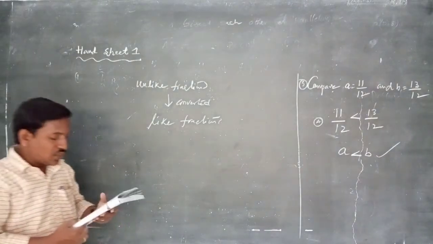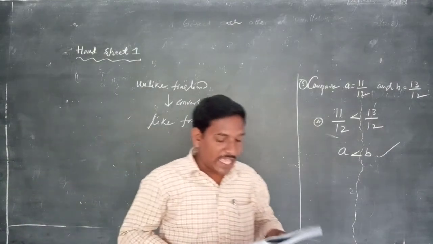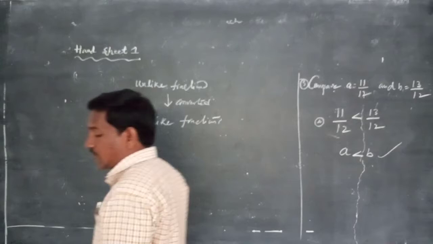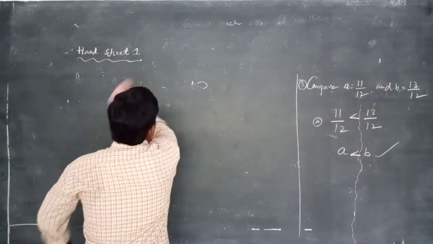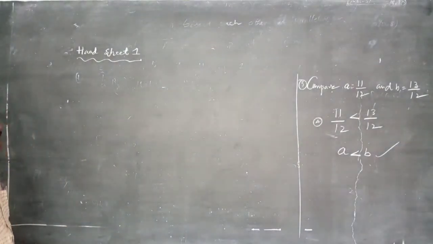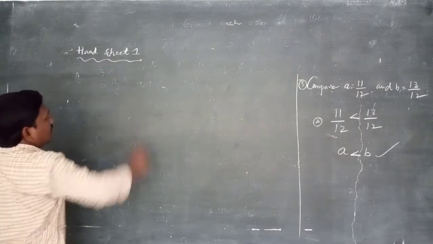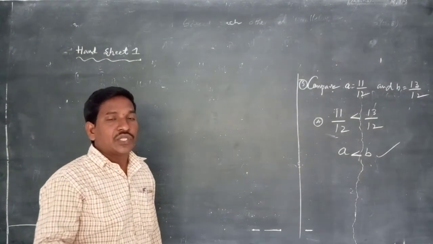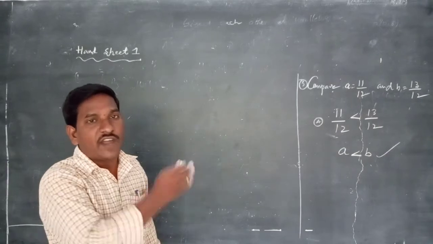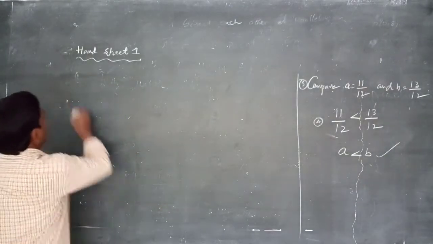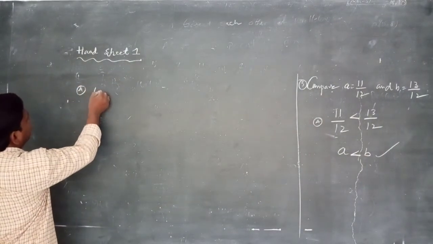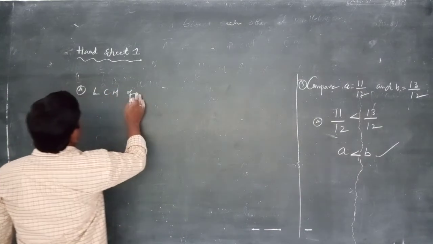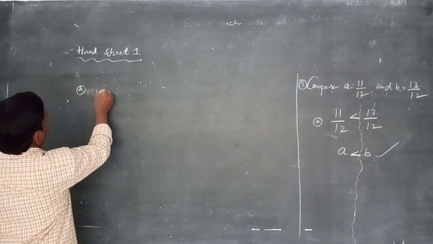So the question is, while converting the unlike fractions into like fractions, we find the LCM of denominators. The answer is LCM of denominators. In ascending order and descending order, the unlike fractions are converted to like fractions. To convert to like fractions, we have to find the LCM of the denominators.